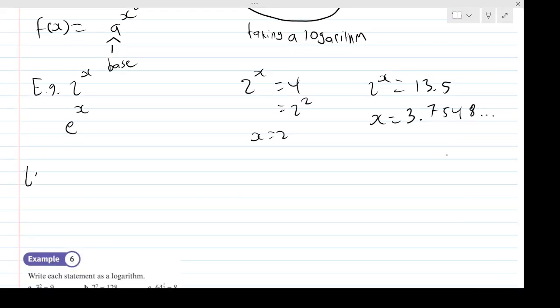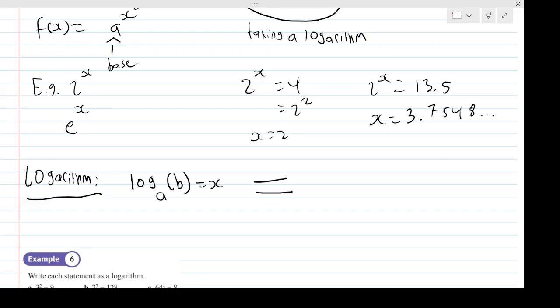So what a logarithm is, more explicitly, is this: log little a, then big B, and I use brackets here. What this tells me is this is equal to x.